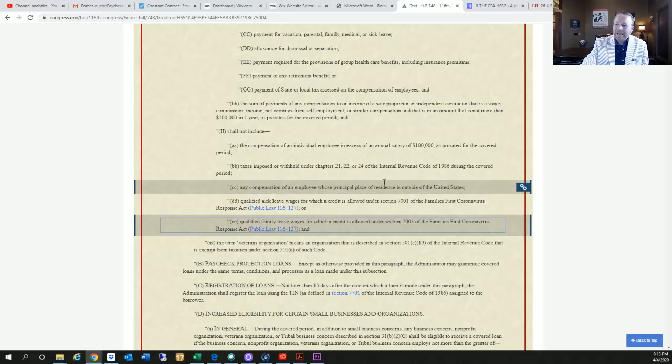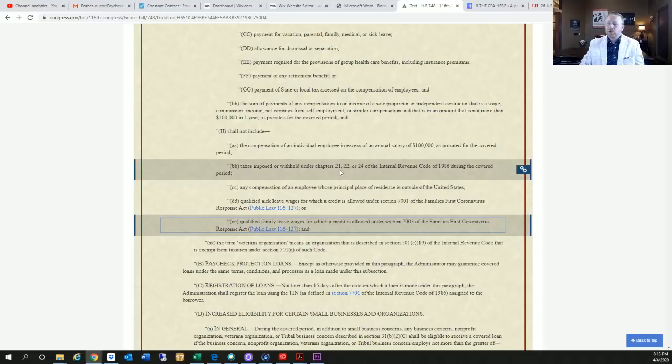And by the way, chapters 21, 22, and 24 are about defining wages. So what it's saying is if chapter 21, 22, and 24 conclude that it's not a wage, and these are not new chapters, then you can't include it in payroll cost.